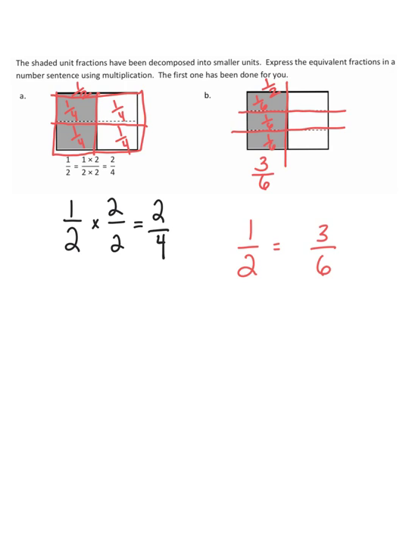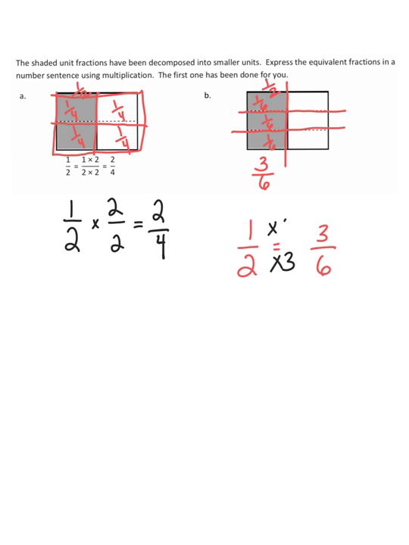Now if we were going to use the multiplication sentence, notice how we made 3 rows. So we're multiplying by 3 to get 6. And then how many do we now have shaded in?